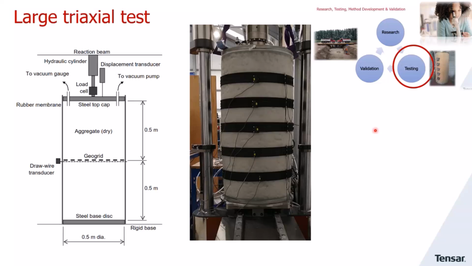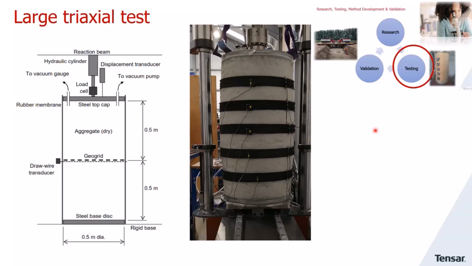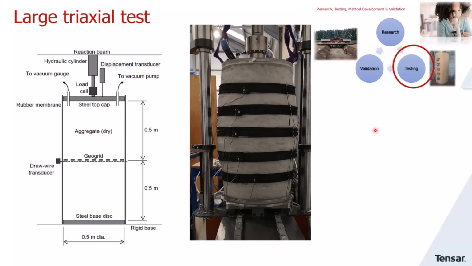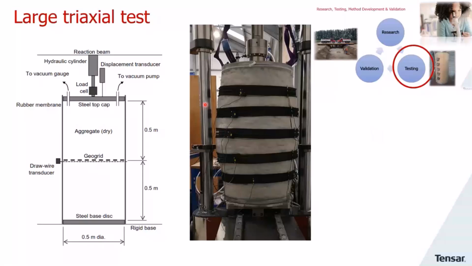And for this reason, we have performed dozens of large aperture triaxial trials, where we have a half a meter diameter triaxial cell filled with different kinds of granular material, crushed rock, recycled rubble, gravels, and even sands, including a Tensar geogrid, the different kinds of Tensar geogrids.